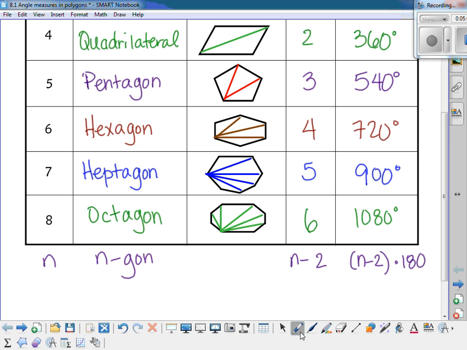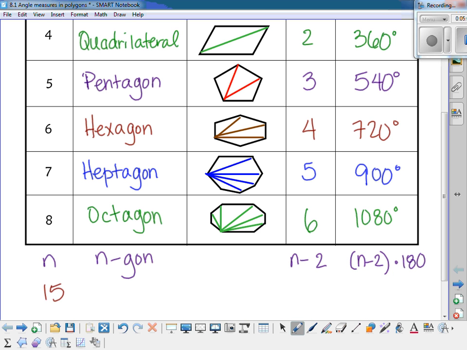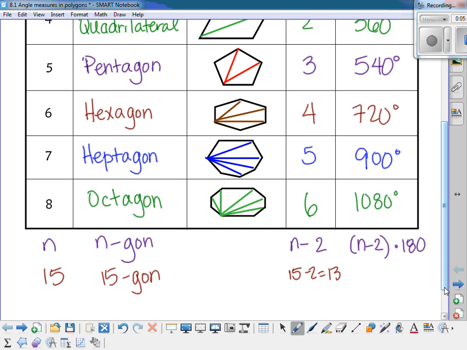To give a specific example, suppose I have something with 15 sides. There isn't a special name for that. We just call it a 15-gon. 15 minus 2 is 13. So to find the sum of the interior angles for a 15-gon, I just take 13 times 180, and that comes to 2340.